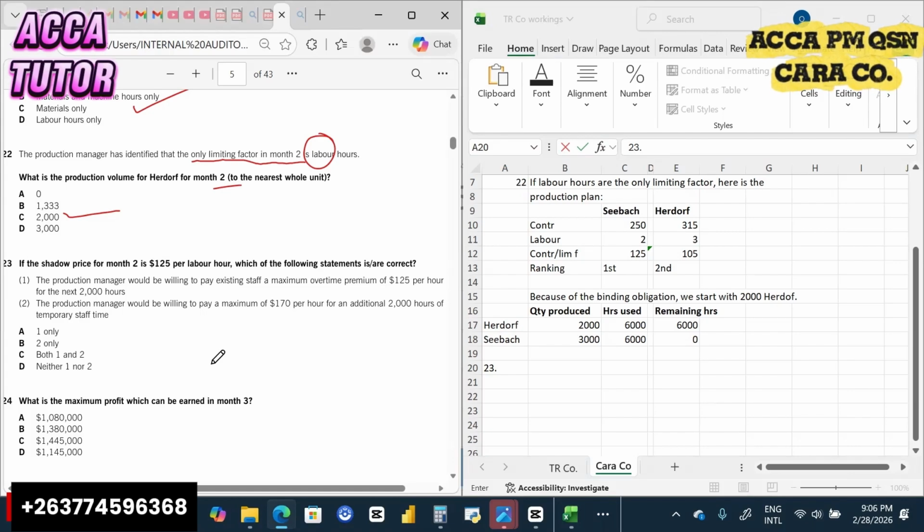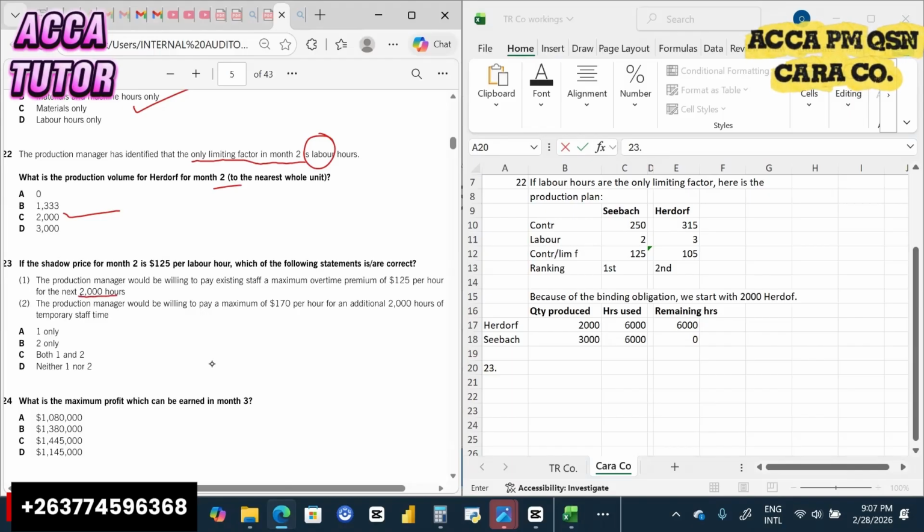So if the shadow price for month 2 is $125 per labor hour, it would mean that Cara company would be willing to pay $125 of overtime premium per hour for the next 2,000 hours. Remember, from our definition, it is that extra cost we are comfortable paying if we add an extra labor hour. Don't mind these 2,000 hours.